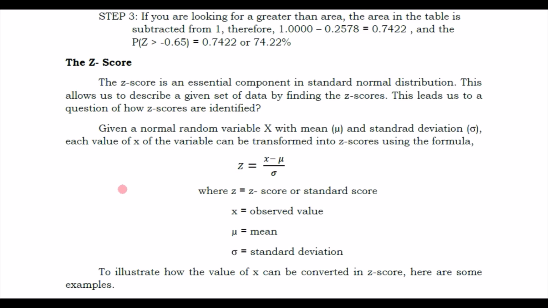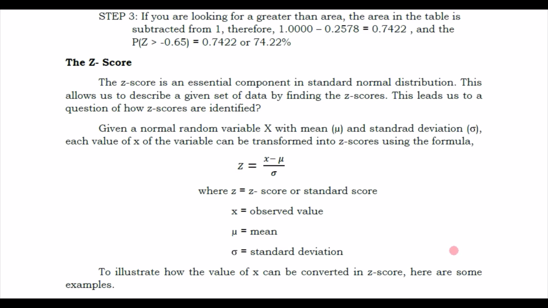Okay? Okay, so the z-score is an essential component in the standard normal distribution. So, importante yung z-score kasi ito yung ginagamit natin para masukat natin yung area. Okay? This allows to describe the given set of data by finding the z-score. This leads us to the question of how z-scores are identified. But, what if hindi given ang z-scores? What if ang given ay yung area? Okay?